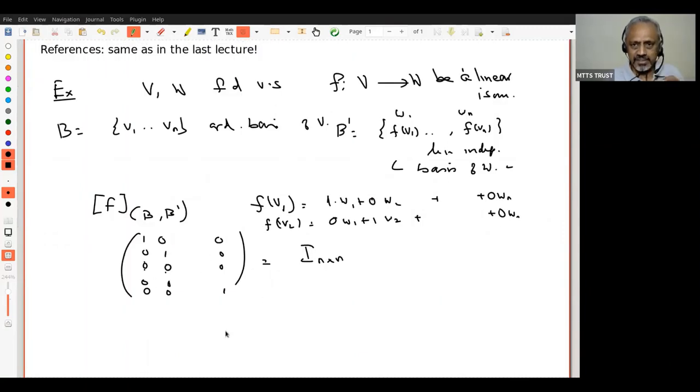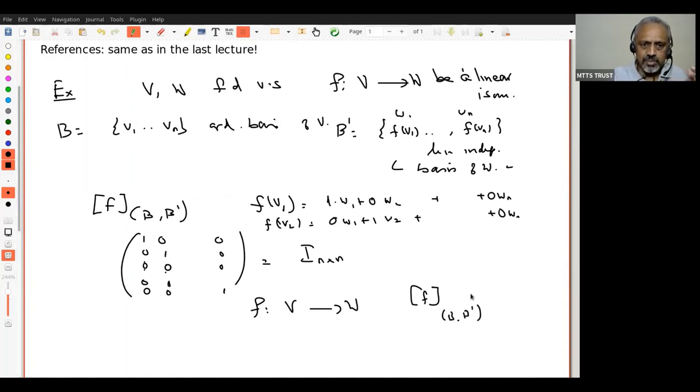This is a trick. The trick is, suppose I have a linear map from V to W and I want to look at a matrix representation. For computational reasons, I would like this matrix to be in a very simple form, as simple as possible, with so many zeros or some kind of pretty looking matrix. What is the trick?